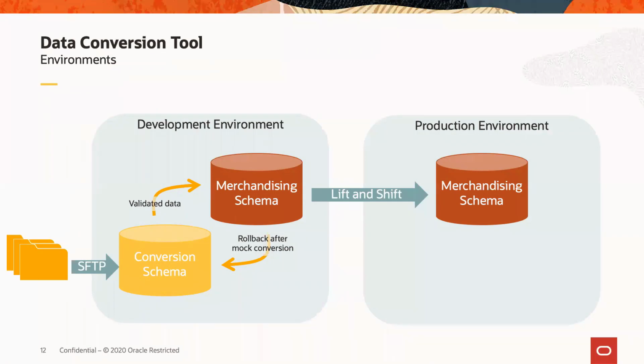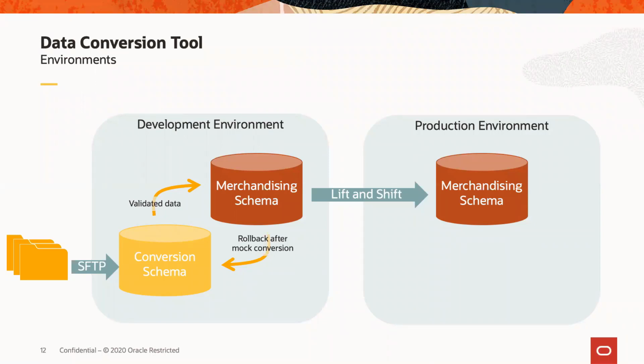Okay, so in terms of the tool, I find this diagram helpful to visualize what the process would look like. Starting on the left-hand side, you can see the files coming in from legacy. They're SFTP'd over to the development or pre-production environment that you'll be using for conversion processing.